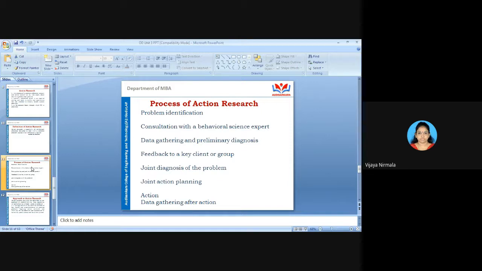The next one is consultation with a behavioral science expert. During the initial contact, the organizational development practitioner as well as the client carefully assess each other.